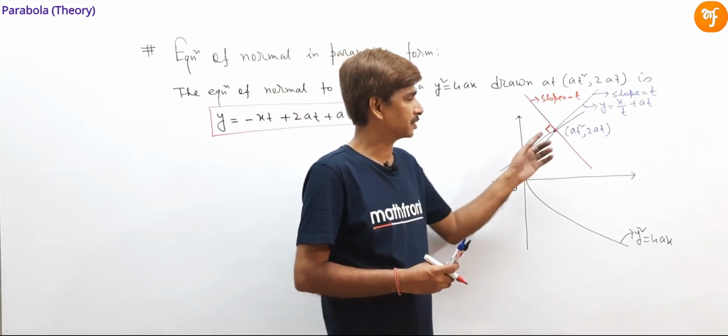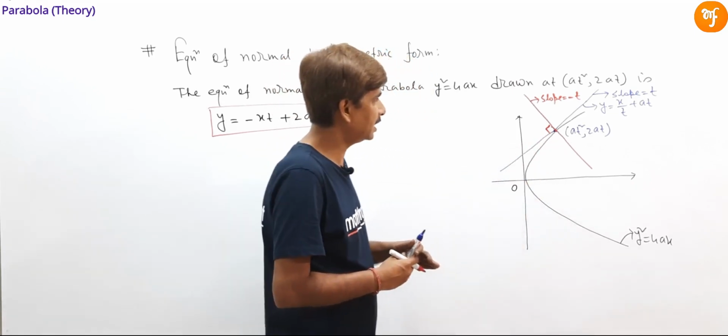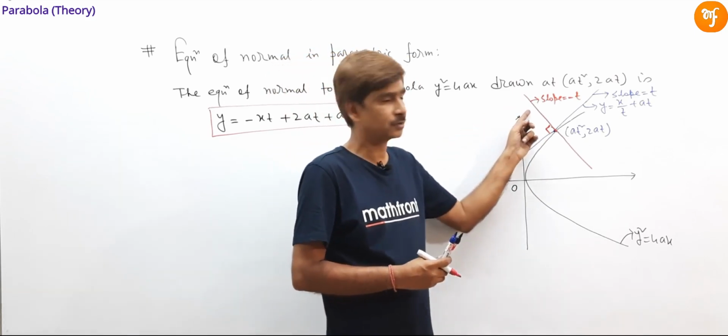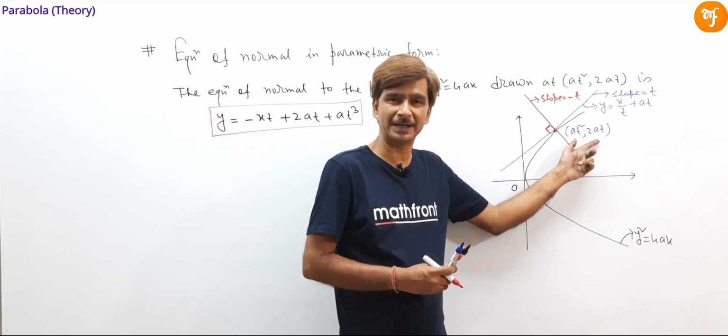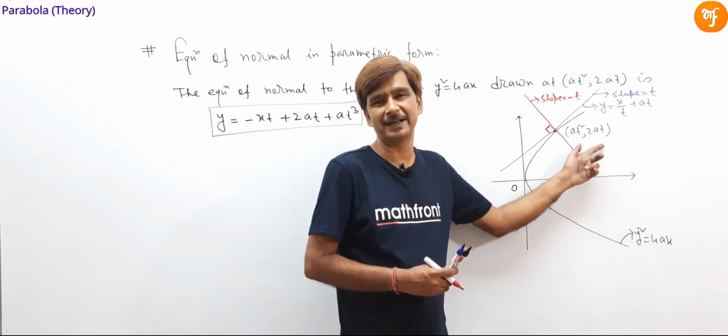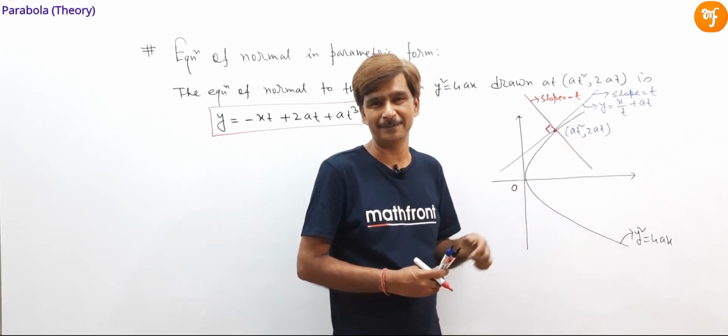So what is the equation of normal now? Clearly the normal is a line whose slope is -t and it is passing through the point (at², 2at). So we can easily find the equation of the normal in point slope form. Okay.